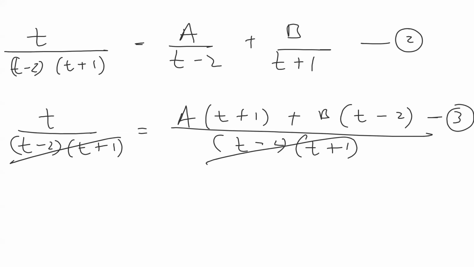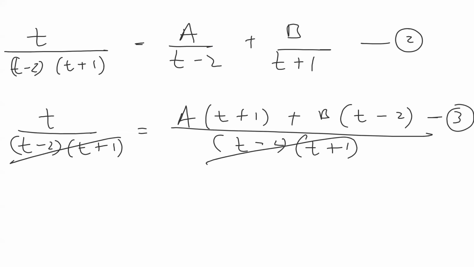Okay. So there are two factors. What should I equate t minus 2 to? We'll equate t minus 2 to 0. So we'll get the value of t as 2. Okay.